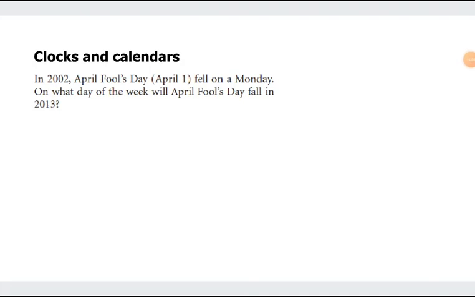Okay, last item for clocks and calendars. So we have April Fool's Day, which also fell on a Monday on April 1, 2002. What day of the week will April Fool's Day fall in 2013? So first step is to find how many days we are dealing with. 2002 to 2013, that's 11 years.